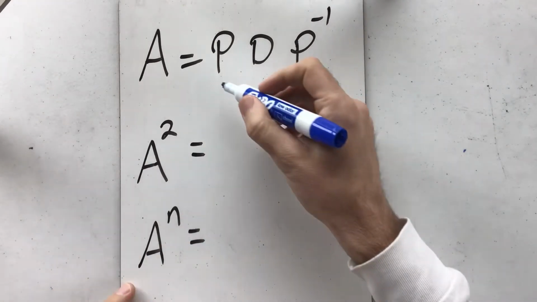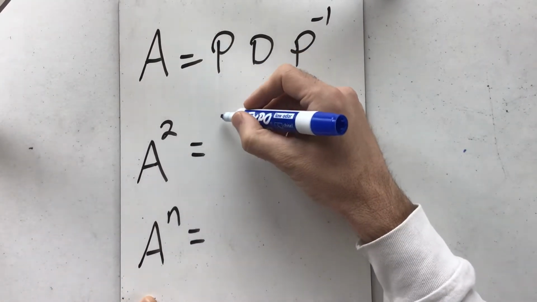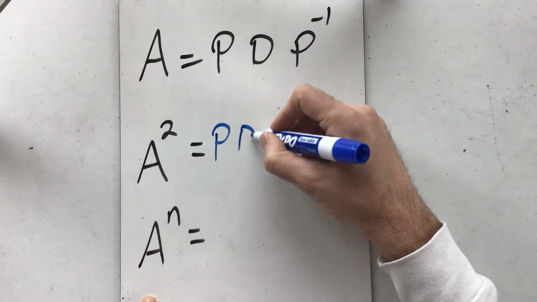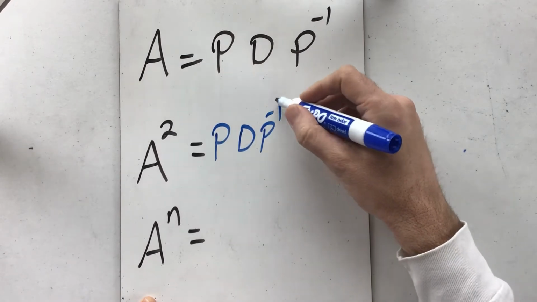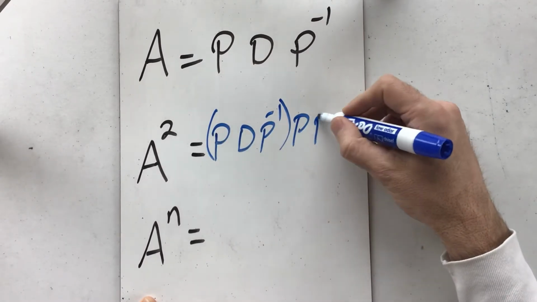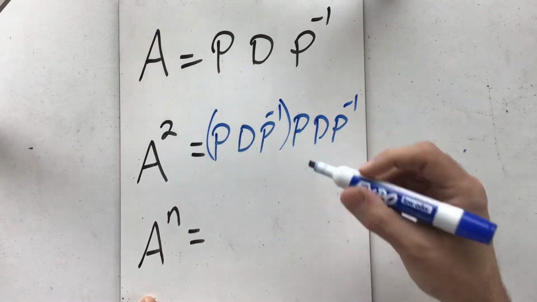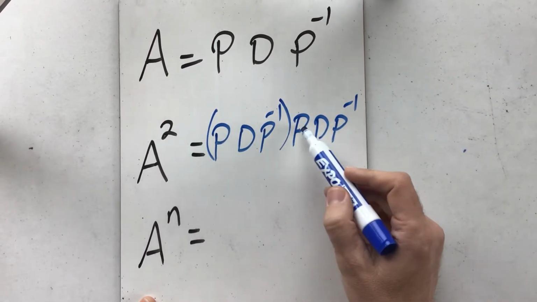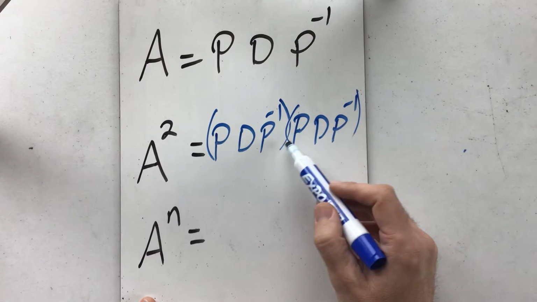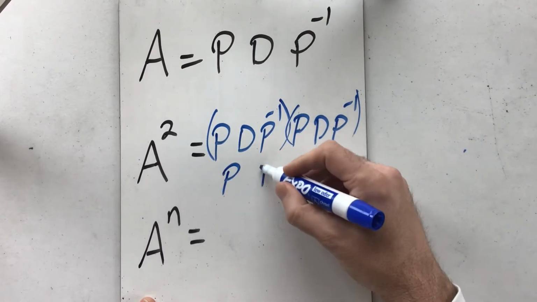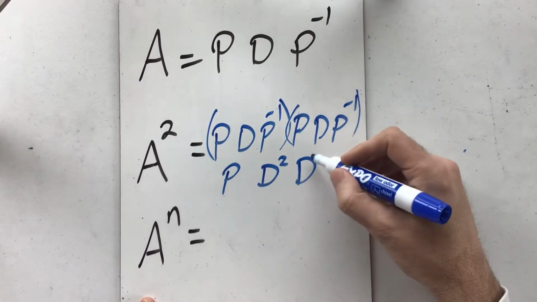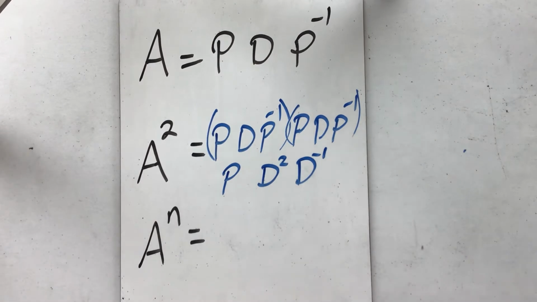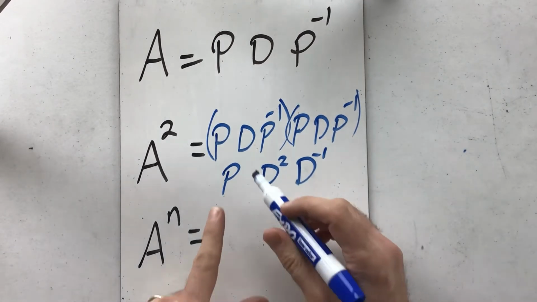Well, suppose I wanted to square a diagonalized matrix. If I wanted to square it, then what do I get? I get P D P inverse times P D P inverse. But what do you notice? You notice these two P's in the middle cancel each other out, and you end up getting P times that diagonal squared times P inverse. It doesn't matter how many times you do it.